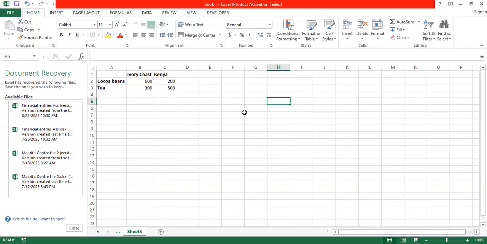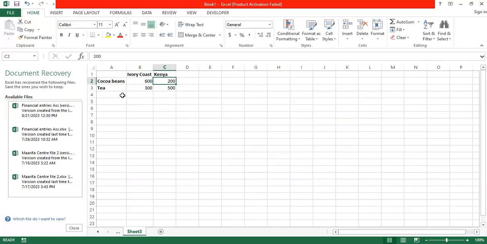Ivory Coast has absolute advantage on cocoa beans, and Kenya has absolute advantage on tea. Kenya has absolute disadvantage on cocoa beans.